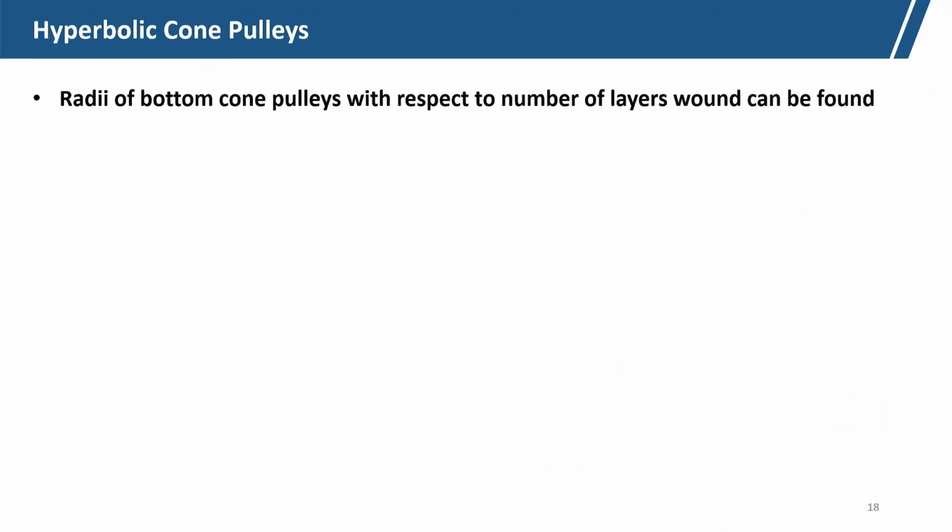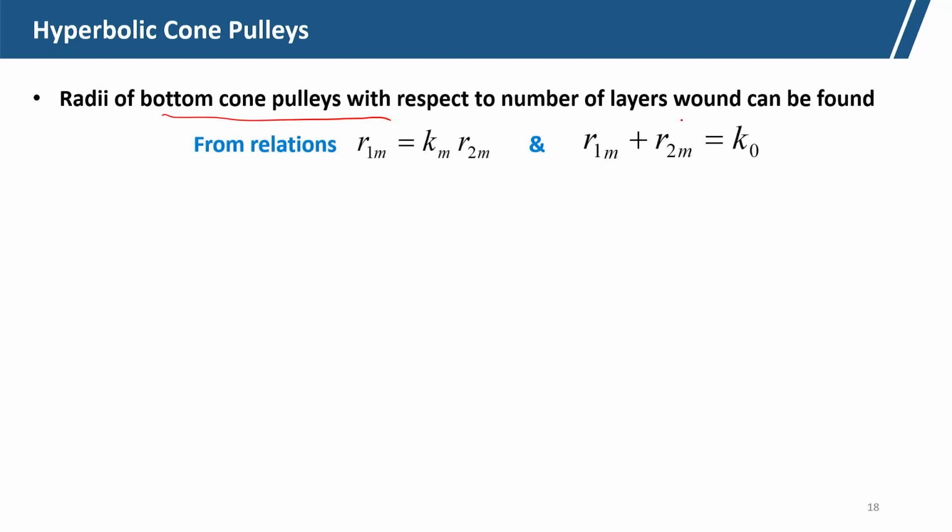So, the radius of the bottom cone pulley, with respect to the number of layers, would be found from the relationships. One relationship is R1m equal to Km R2m, and another relationship is R1m plus R2m equal to K0.